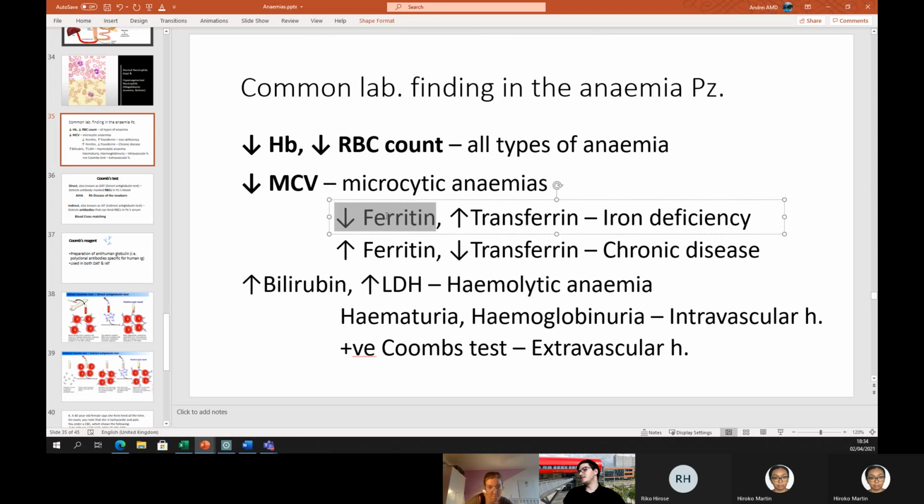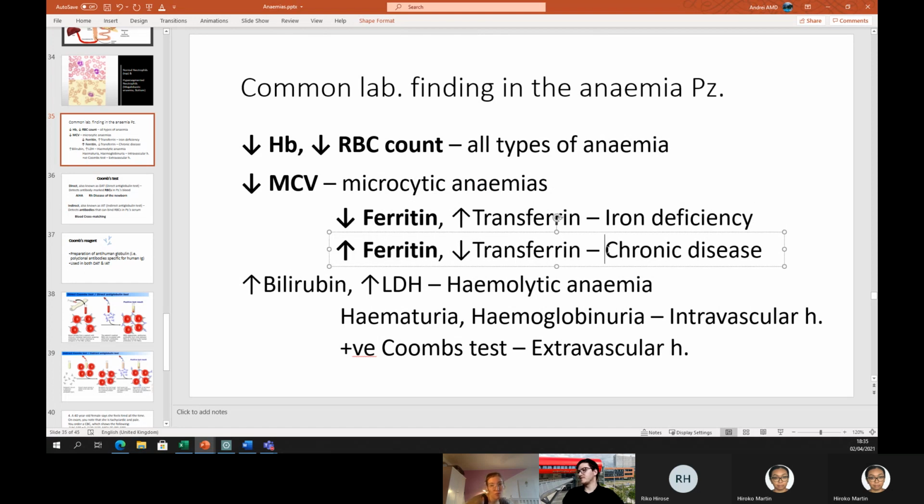And then you might see decreased ferritin in iron deficiency anemia, or increased ferritin, for example, in chronic disease. Because in chronic disease, you're not lacking iron, you actually have too much, it's just you can't really use it because of the hepcidin hormone.